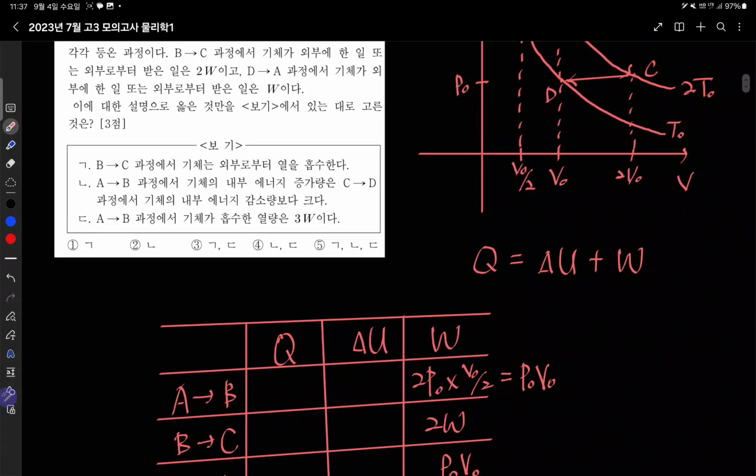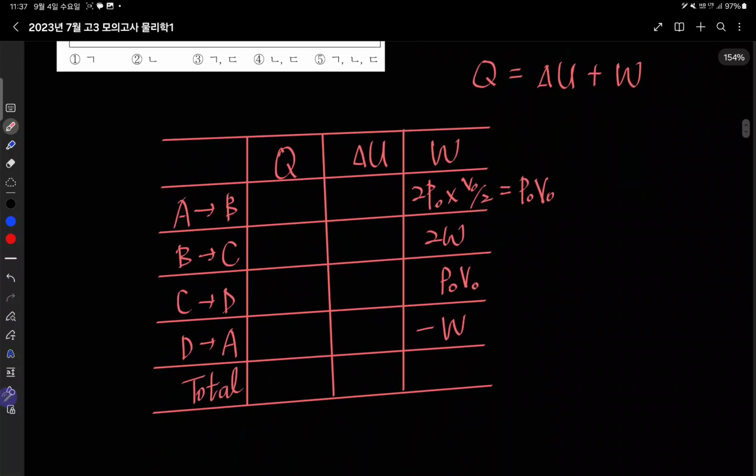And as the gas compresses, that means the gas receives the work. So at first, the total amount of work after this cycle is W.